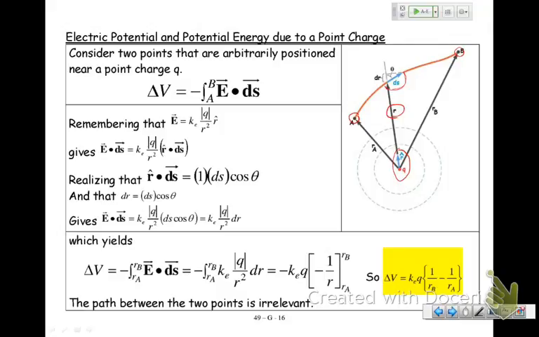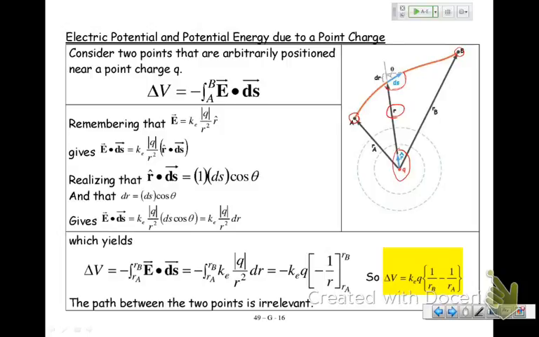Now, the integral of ds means I take all these little bits of length and integrate them rather than taking the total length and calling it S. That's the bit I'm doing. And I know that my electric field at any given point on this diagram is equal to Coulomb's constant times Q, which is the mother charge. I called it little q here, I don't know why.